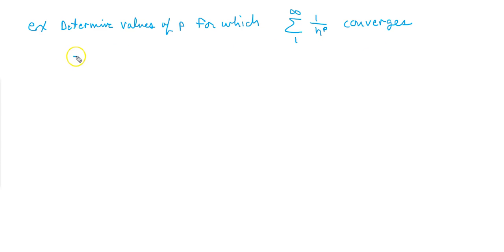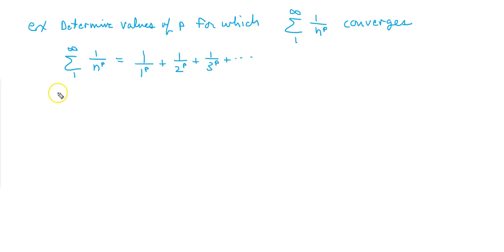Now keep in mind what this series represents. This is going to be 1 over 1 to the p power plus 1 over 2 to the p, and so on. So for what values of p will these numbers add up to a finite quantity?